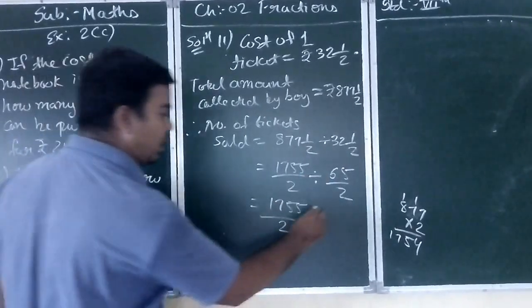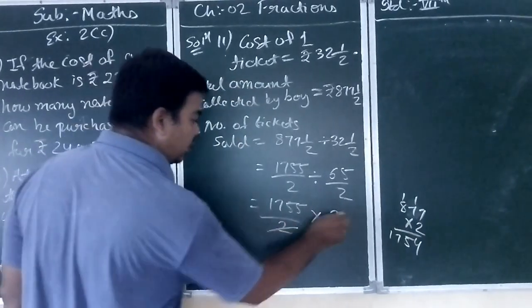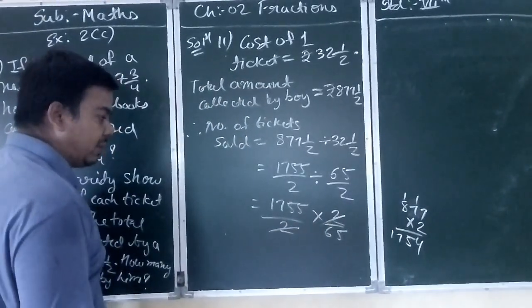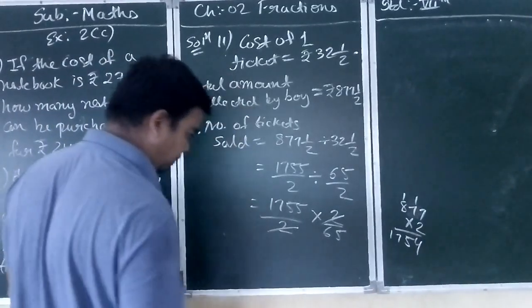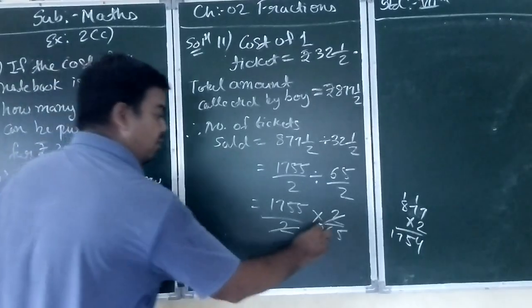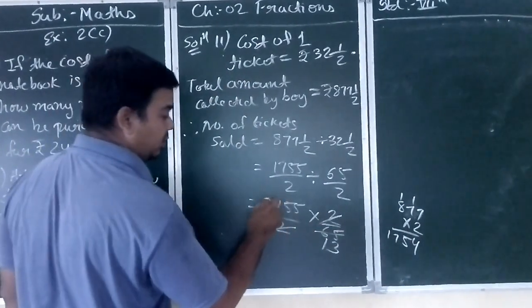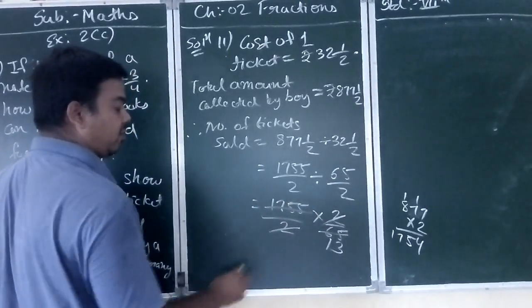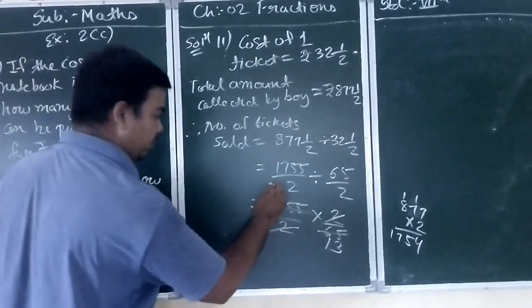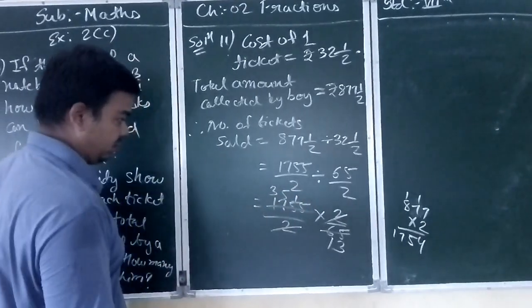Divide sign changes into multiplication, 2 by 65. Now the 2s cancel. See whether cancellation is possible or not. 5 ones are 5, 5 3s are 15, 525. 5 ones are 5.